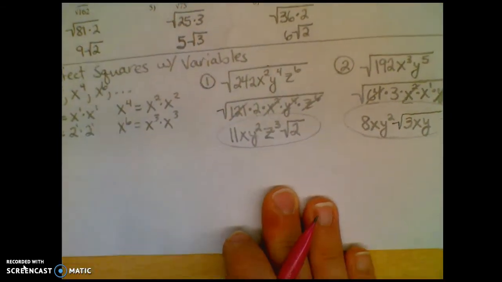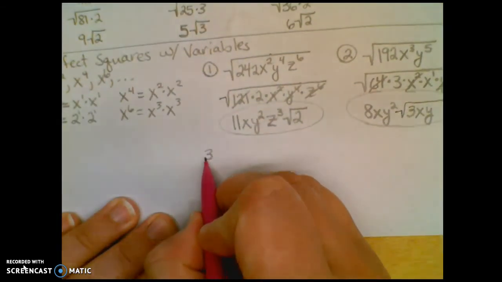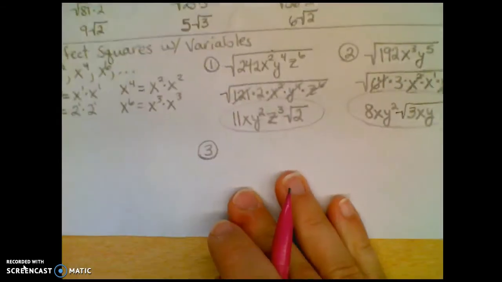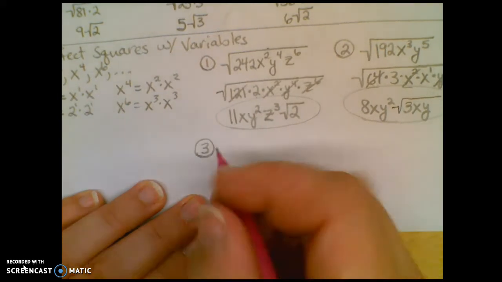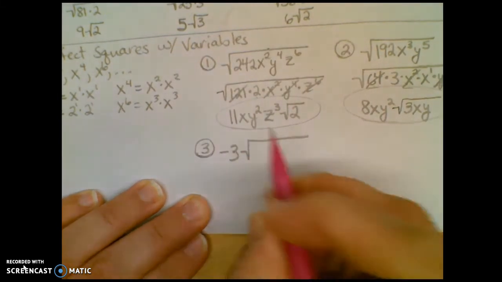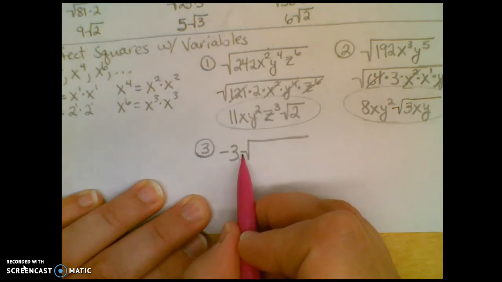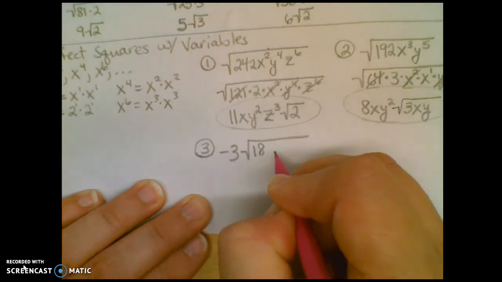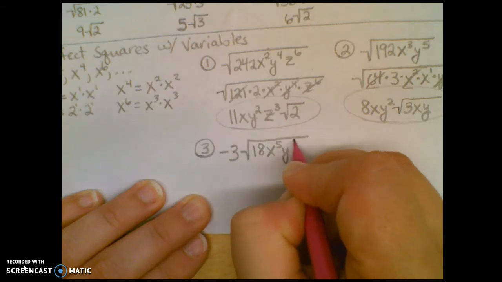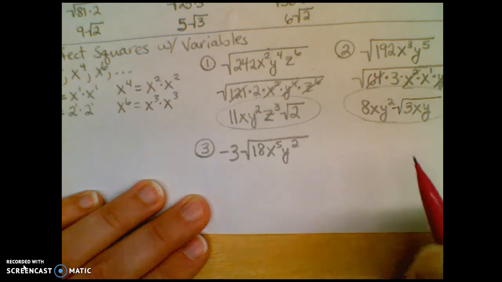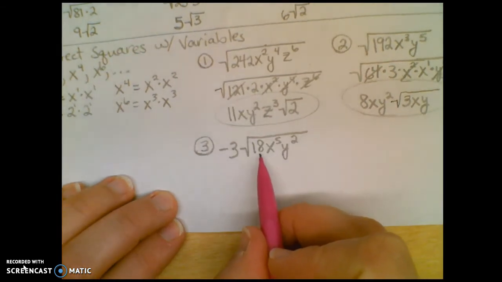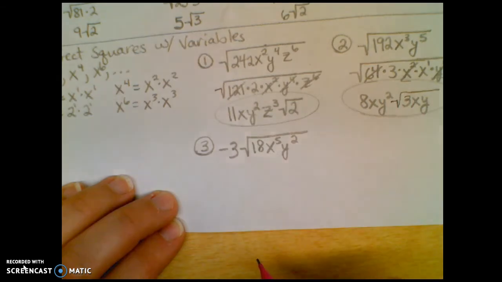Okay, we have one more example. In this example, we actually have a factor outside of the root. So we have -3 times the square root of 18 x to the fifth y squared. So we're still going to factor into perfect squares and non-perfect squares.